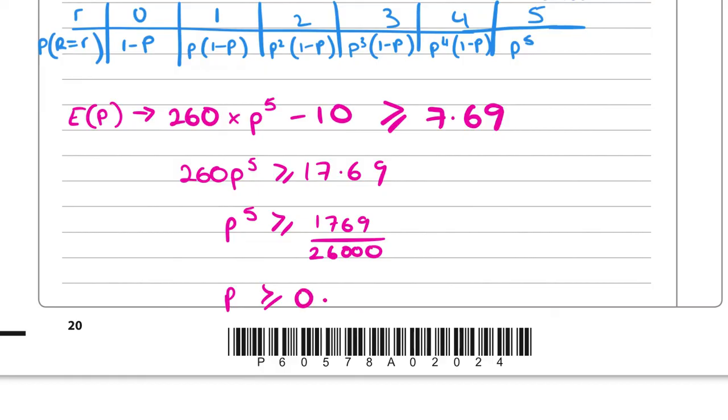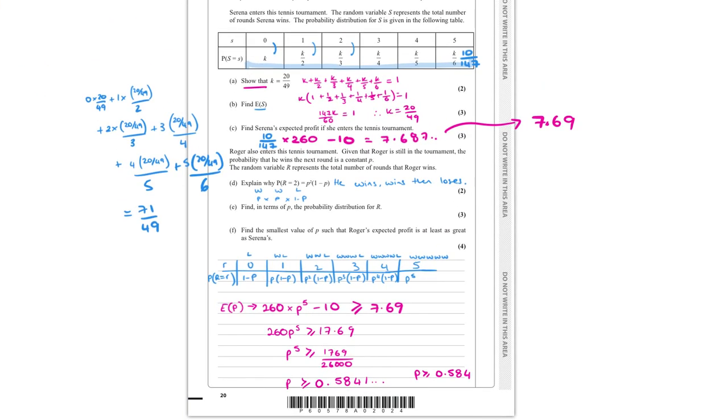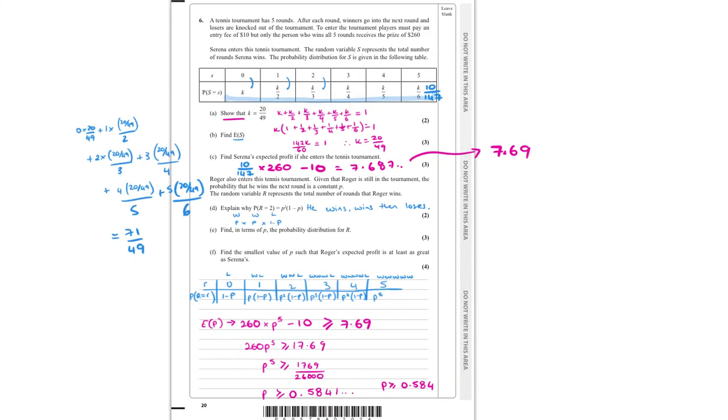Yeah. So I get 0.5841, etc. What do we like doing? Three significant figures. So P has to be greater than or equal to 0.584. Okay. So there we have it. 3, 6, 9, 13, 14, 15, 16, 17 marks.